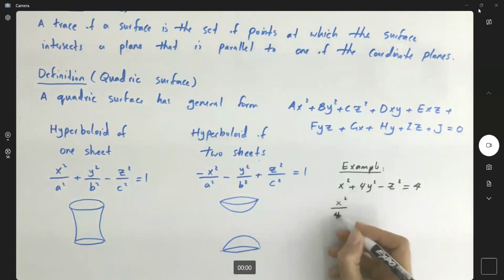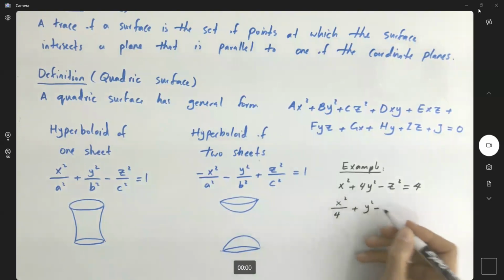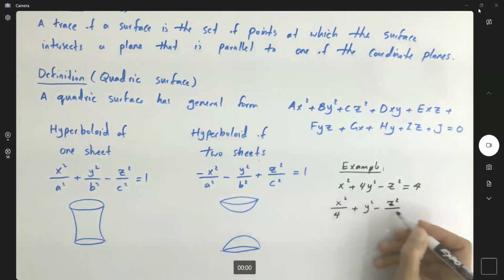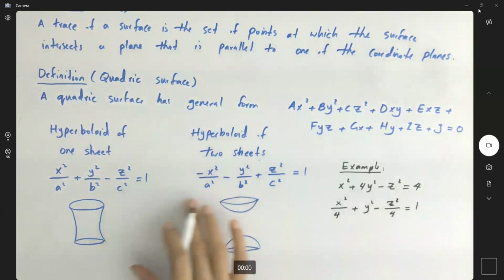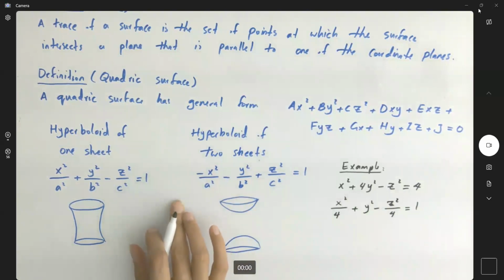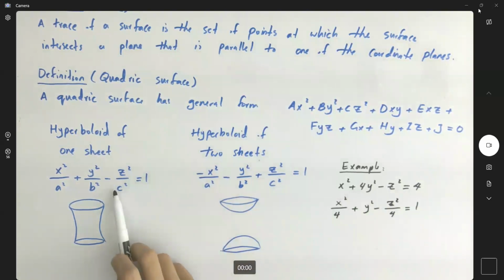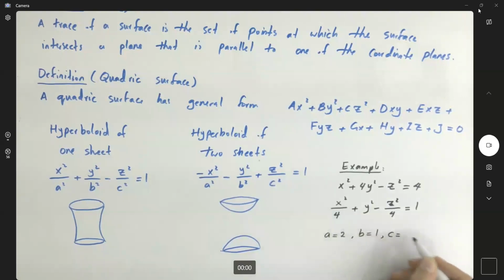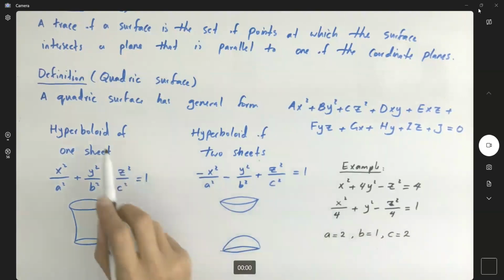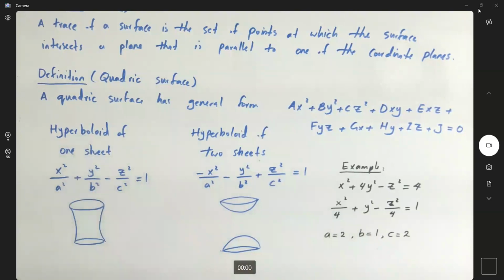You get x squared over 4 plus y squared minus z squared over 4 equals 1. Now compare your equation with the hyperboloid of one sheet and two sheets. As you can see, here you have the equation of hyperboloid of one sheet. A is 2, B is 1, and C is 2. So what do we have? We have a hyperboloid of one sheet.